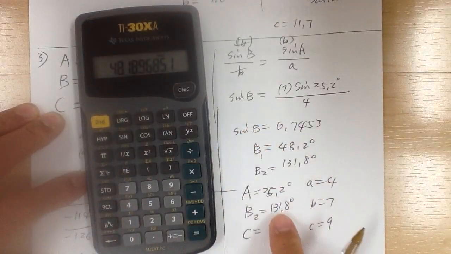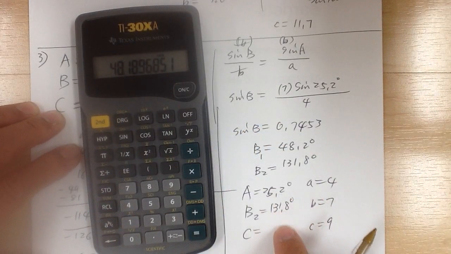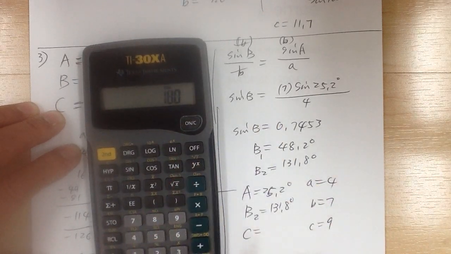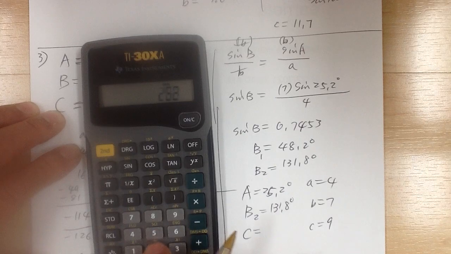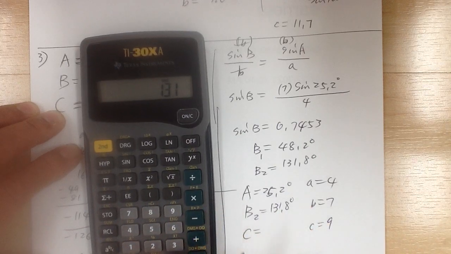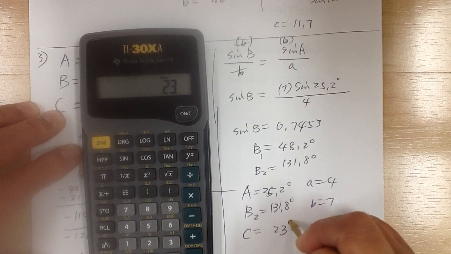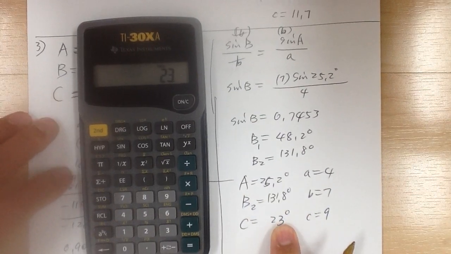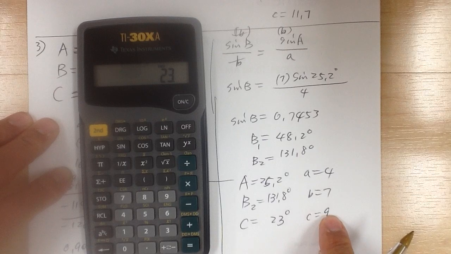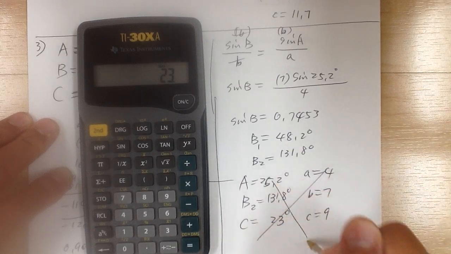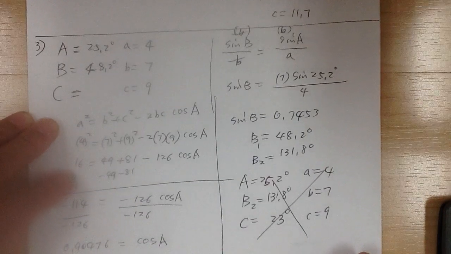So 180 minus 25.2 minus 131.8 equals 23 degrees. And this is no good, because remember, the longer side has to face the biggest angle. Notice that this is bigger than that, so this is no good. Okay, so that's how you know if the second answer is good or not.